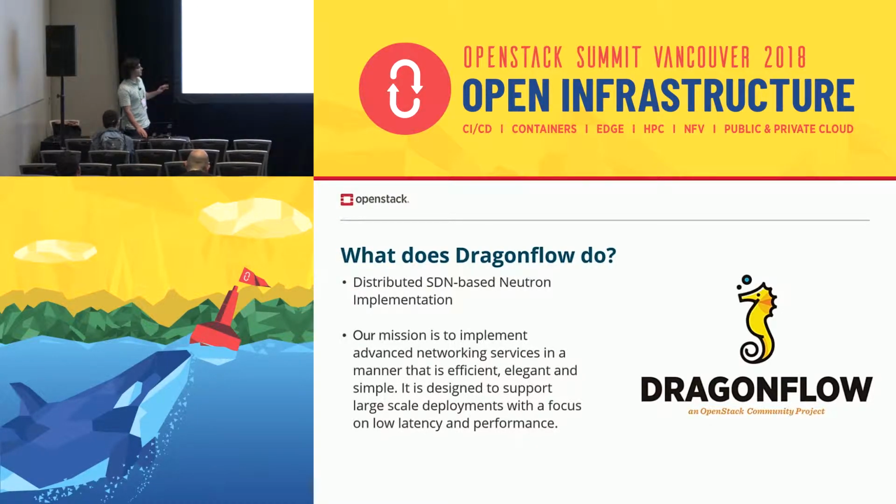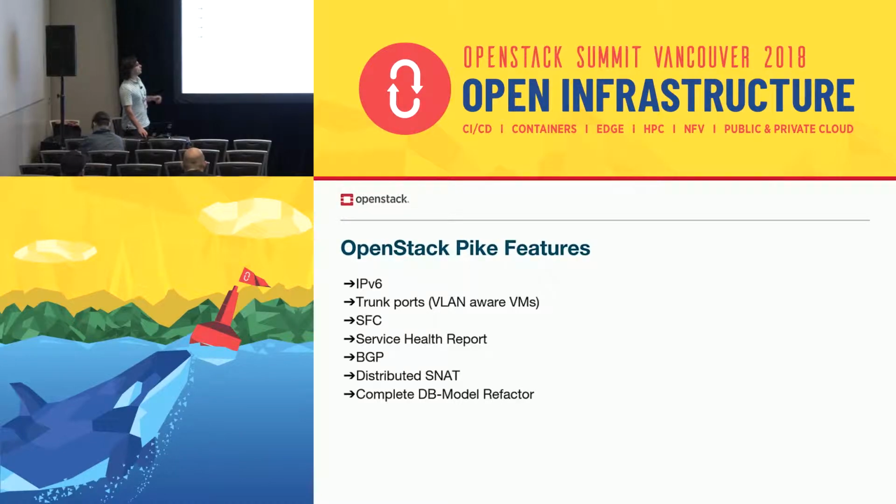But my goal is really to just give the project update on what we've done since Pike. This slide was presented at the last summit. The team was able to do a bunch of stuff in the Pike cycle, but our resources have been scaled down significantly since.